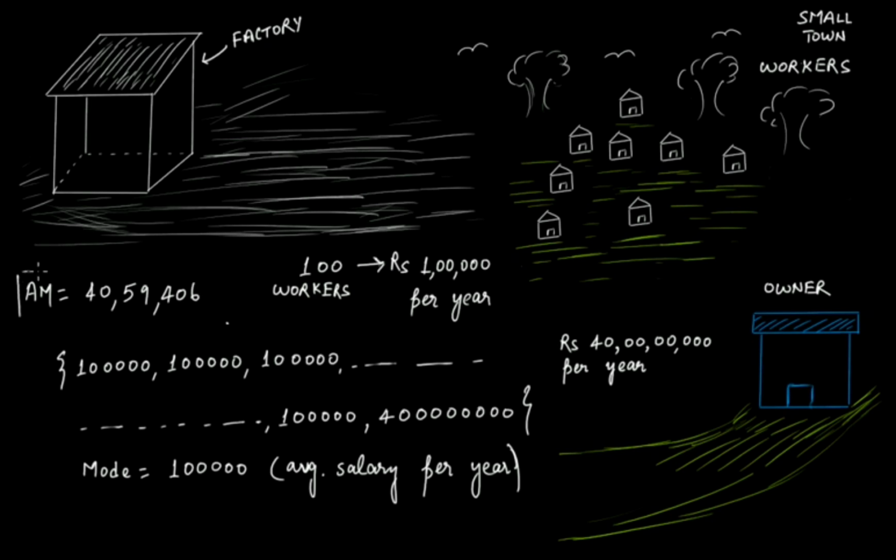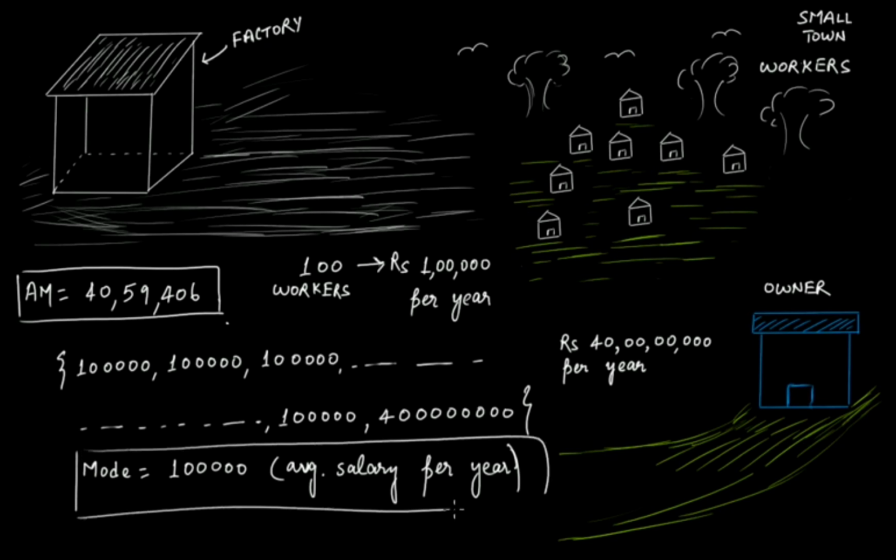So this was the arithmetic mean telling you the average salary, and here the mode is telling you the average salary. Now you can clearly compare these two values, and you can see how exactly the mode gave us the value, right? So this is the importance of it. It all depends upon the condition whether you'll use the arithmetic mean or the mode.